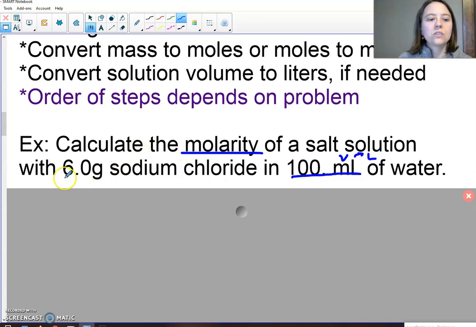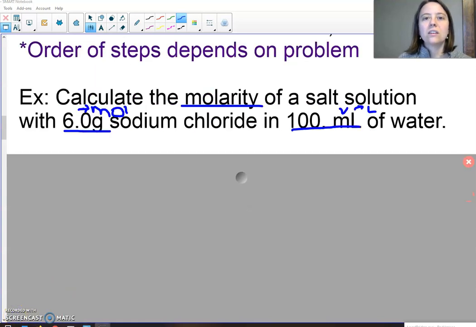And then we also know we have 6 grams of sodium chloride, which is in grams, so that's going to have to go to moles.